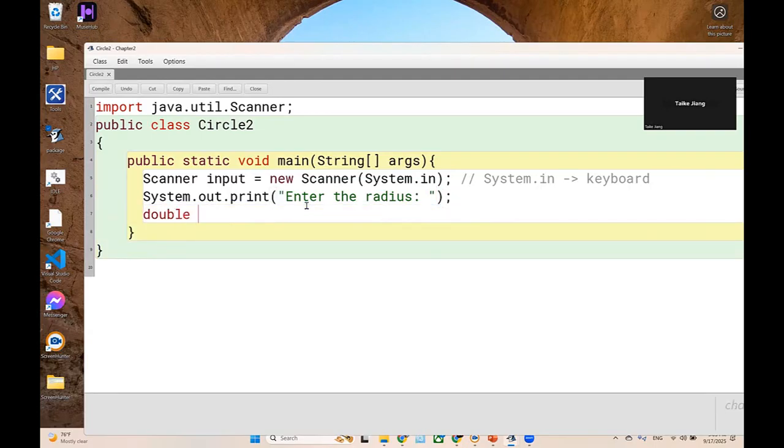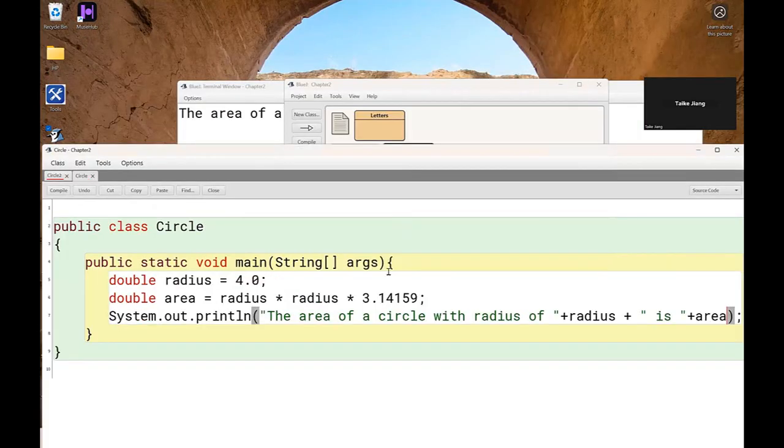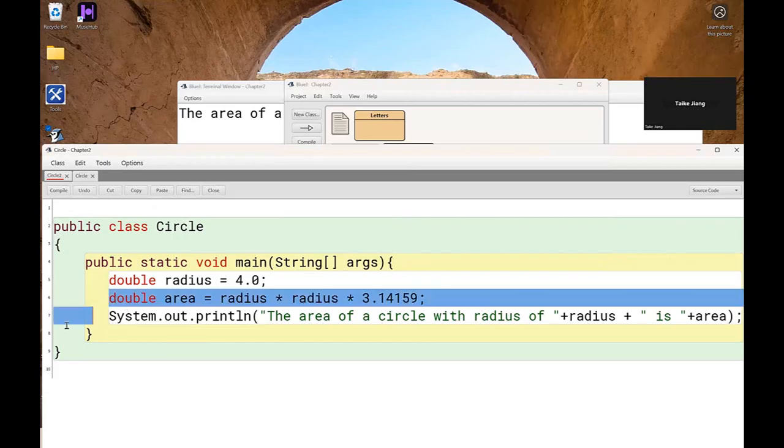Then you say double radius equals input.nextDouble. You bring in a double value. Then you calculate the area. Let's copy from before. I just want to show you the input part. These are the same.